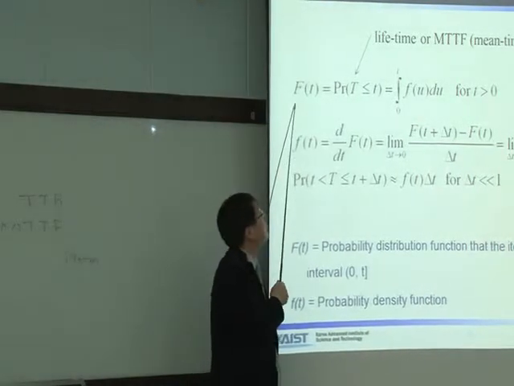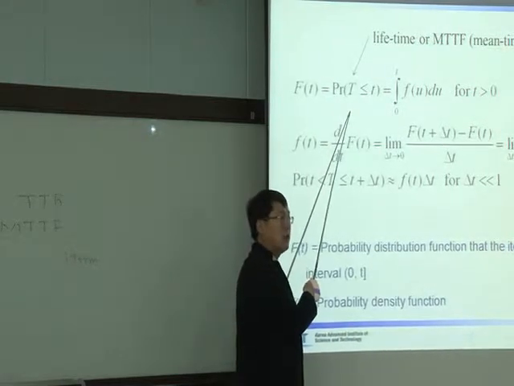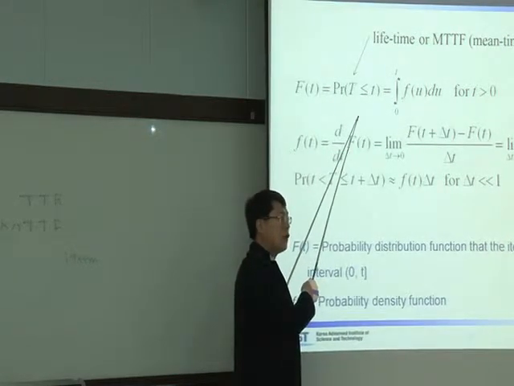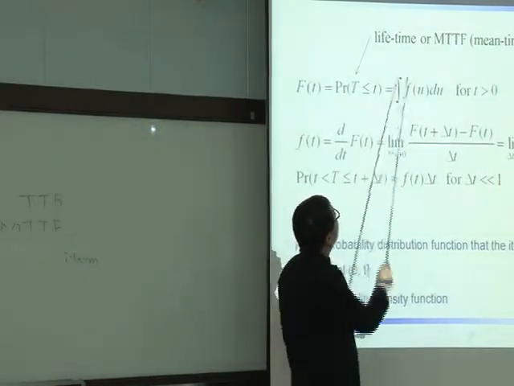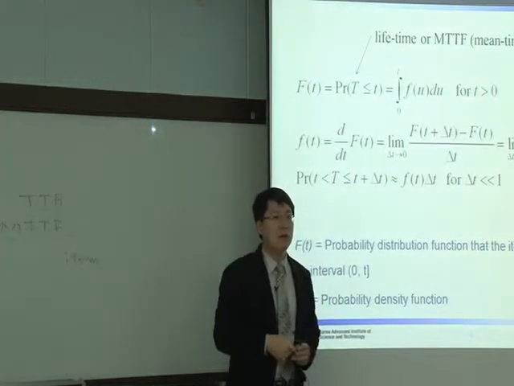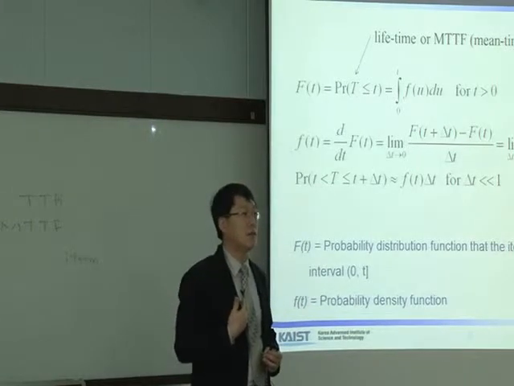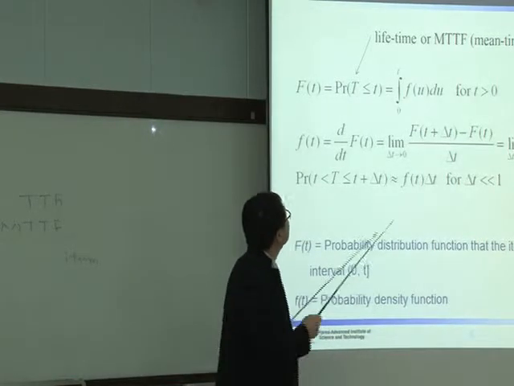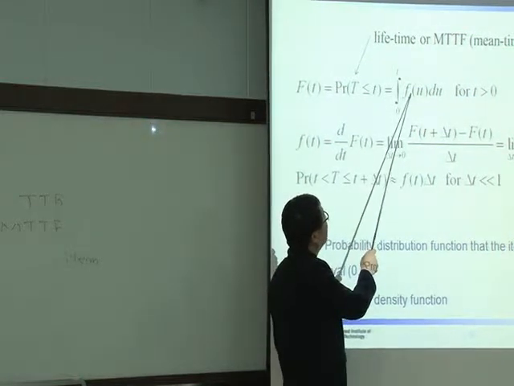Large F(t) means the probability that large T is less than small t. What's large T? Large T means lifetime, or MTTF. For our case, it's the lifetime of us. It is the integral from 0 to t of small f.